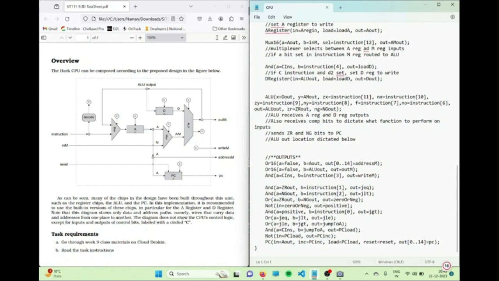Now, the Hack CPU has some cons. First one is limited functionality. It is because the Hack CPU has a very limited set of features, which makes it not very useful for real world applications. Second is simplicity. Some people argue that the Hack CPU is too simple and does not accurately reflect the complexity of the real world.